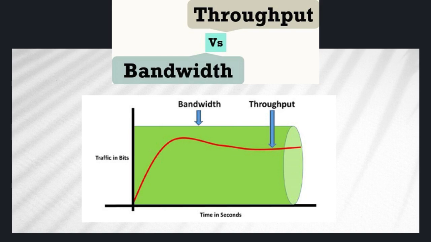See this diagram to understand the difference between bandwidth and throughput. You can see that green, the huge pipe, that is called the bandwidth, and then what is going inside is the throughput. So bandwidth is the total capacity of a system to send data to another over a single media.